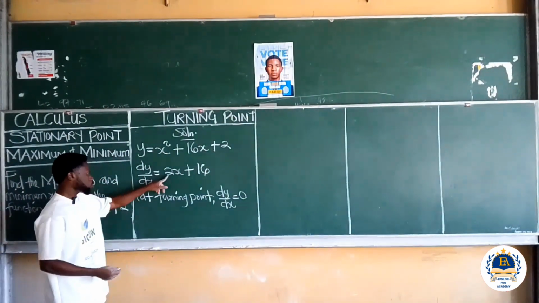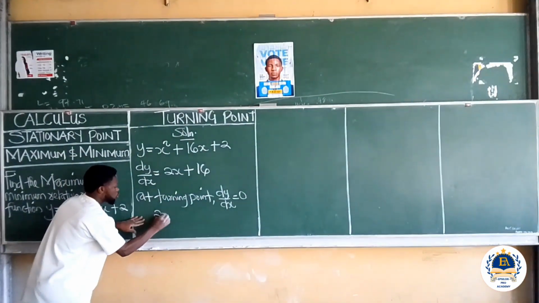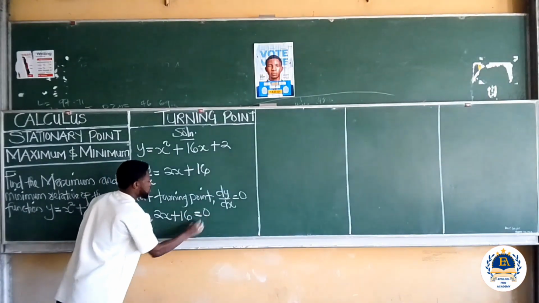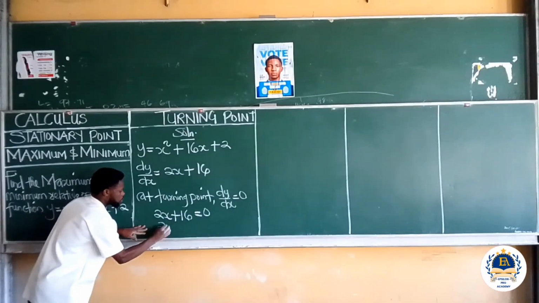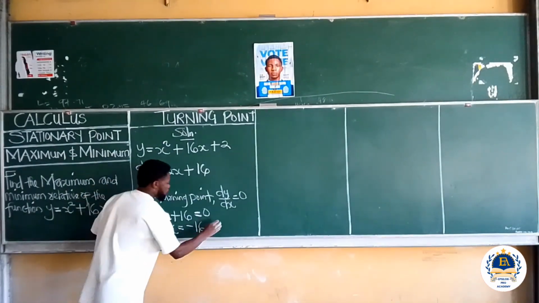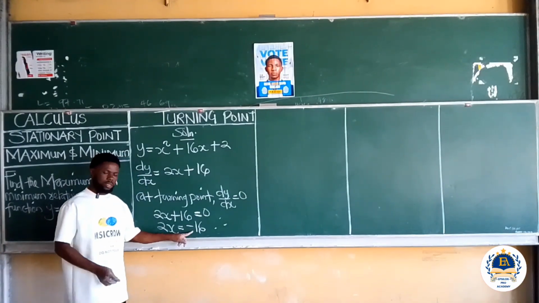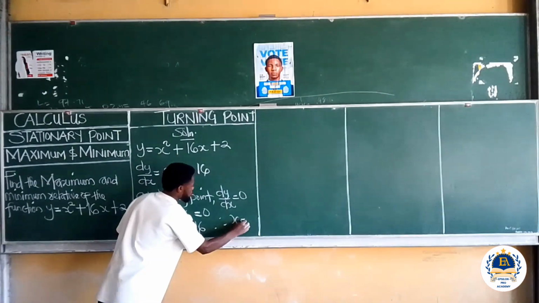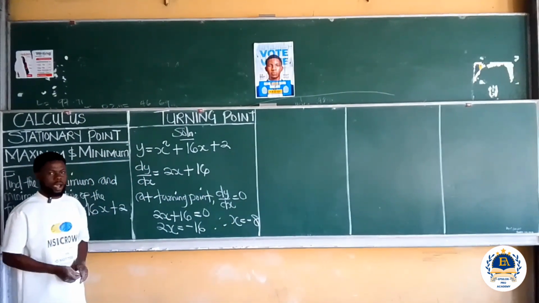That means 2x plus 16 will equal 0. To make x the subject, 2x is equal to minus 16, where we can say that x is equal to minus 16 divided by 2. So x is equal to minus 8. That is the second step.